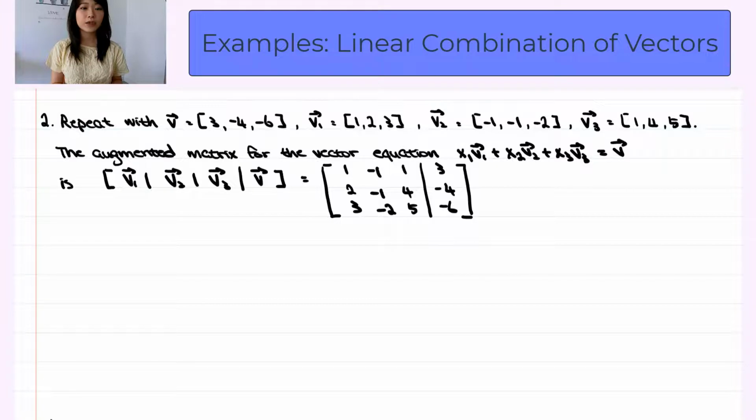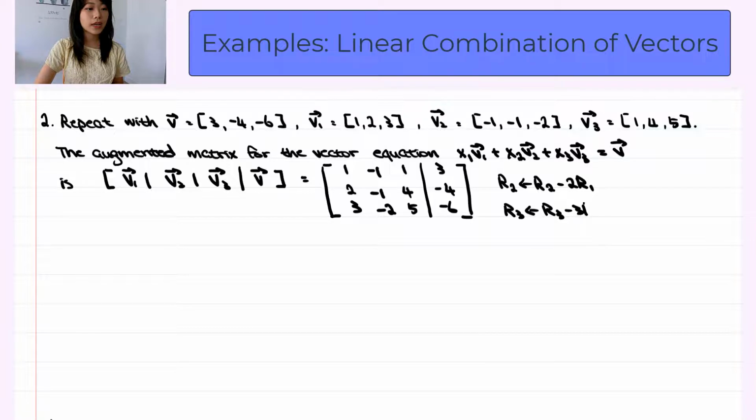Now let's reduce this matrix. I already have the first pivot that equals 1. So to reduce the other entries in the first column, I'm going to replace R2 by R2 minus 2 times R1 and replace R3 by R3 minus 3 times R1. Then, first row remains the same: 1, negative 1, 1, and 3.